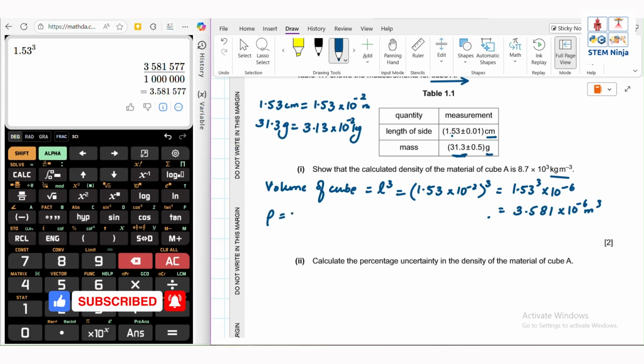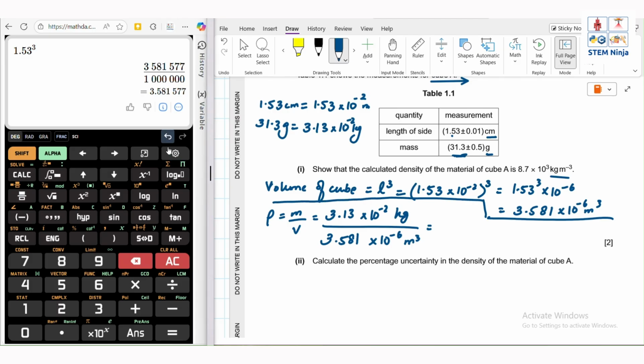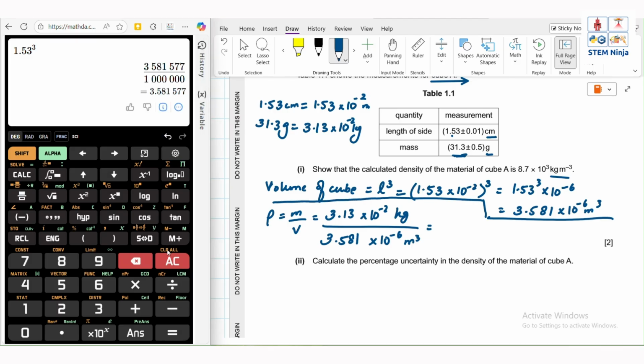Density is mass over volume. So the mass is 3.13 × 10^-2 kg. The volume we have already calculated, 3.581 × 10^-6 m³. Let's see what we get. Let's save this.